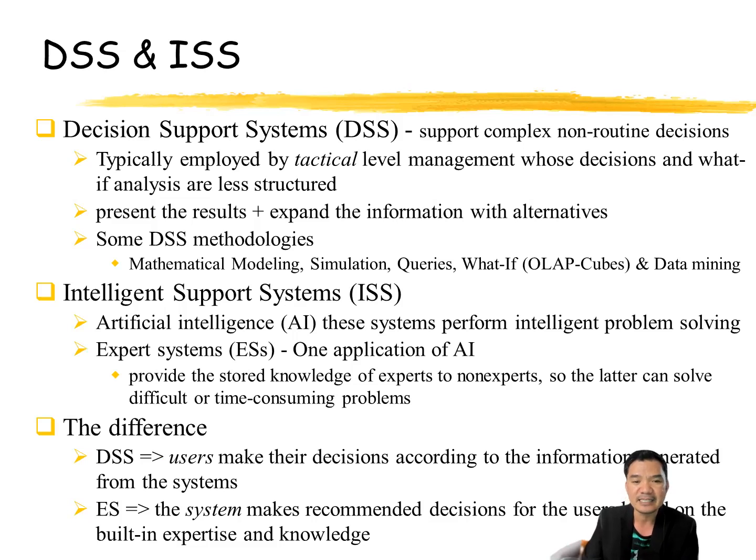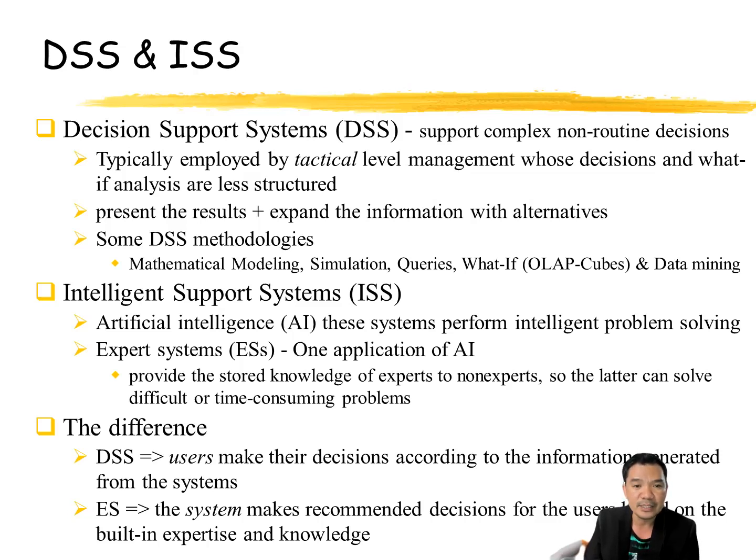So it means that from the transaction processing system, if you have seen, we have the more structured itself, it is on the transaction processing system, and the less structured or non-structured we go for the top level management. It presents the result plus expands the information with alternatives, and some decision support methodologies are mathematical modeling, simulation, queries, what-if, such as online analytical processing or cubes, and data mining.